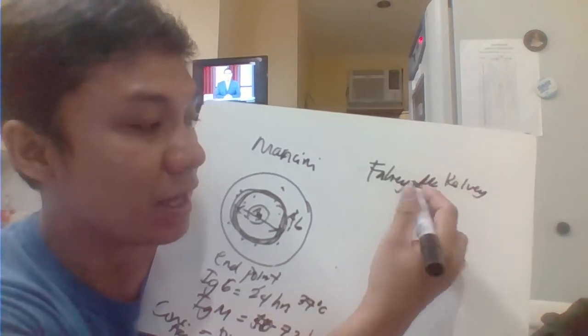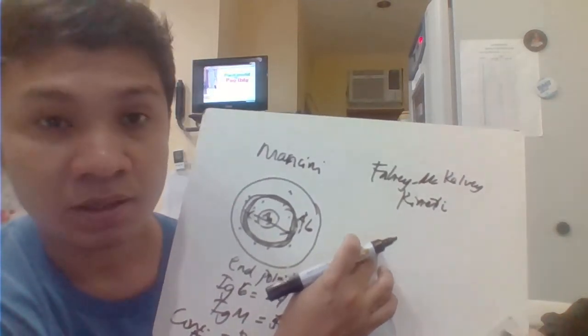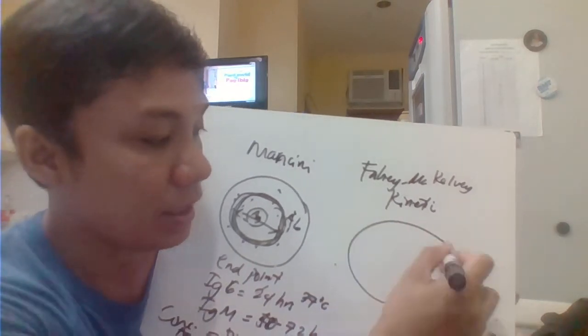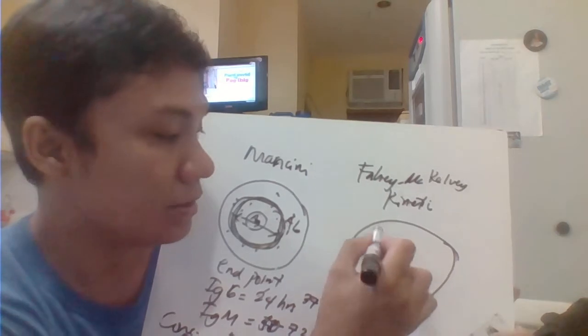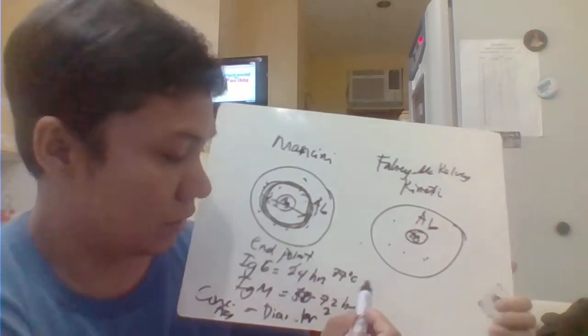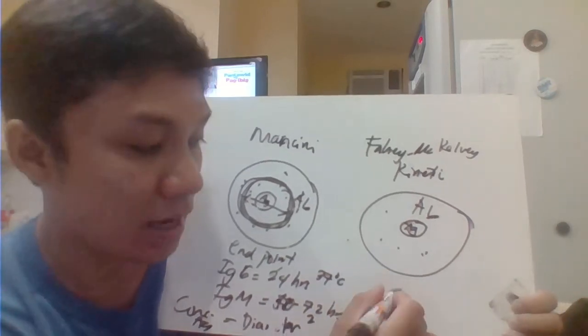Your Fahey-Kelvin, on the other hand, this is your kinetic method. Just differ on this one. It's because our reaction here is only, again, this is for the antigen, then we have your antibody as well. So same, 37 degrees Celsius, only that the reading time is after 18 hours.